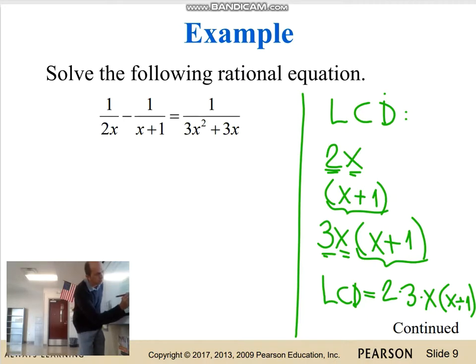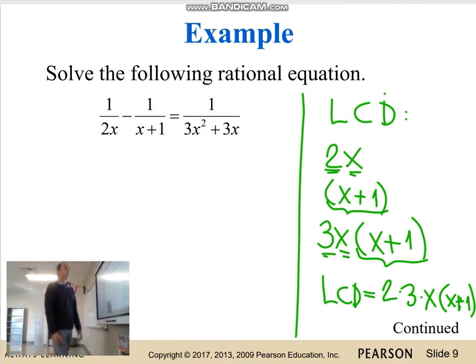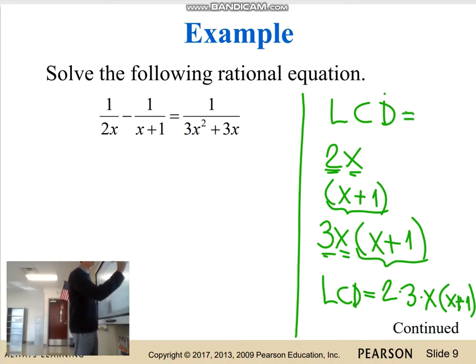So the least common denominator is 2 times 3, which is 6, times x, times x plus 1. We don't have exponents, so we don't need to worry about exponents. Least common denominator, 6x times x plus 1.